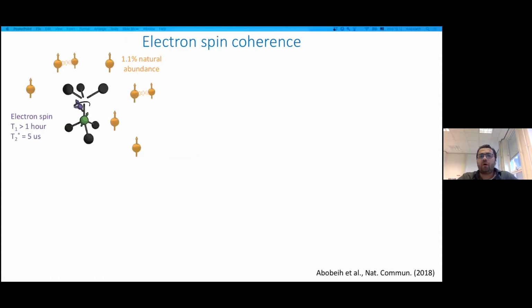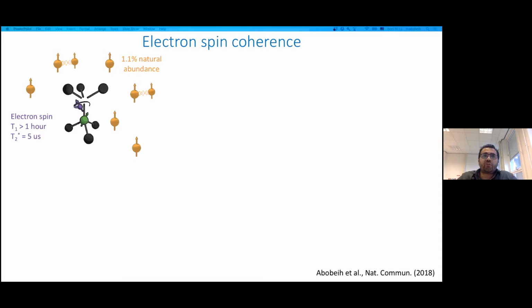So now what about the coherence of the electron spin? The diamond lattice is mainly made of carbon-12 atoms, which are spinless systems. But nearly about 1% of the carbon atoms around this NV are carbon-13 isotopes, which are spin half.